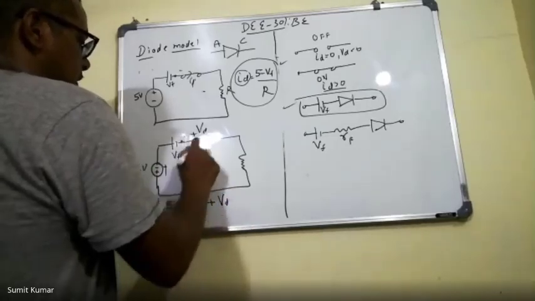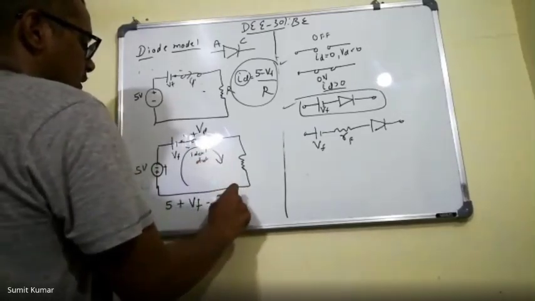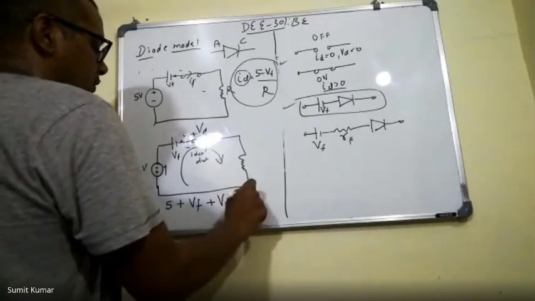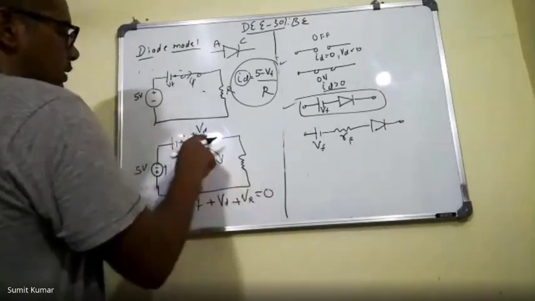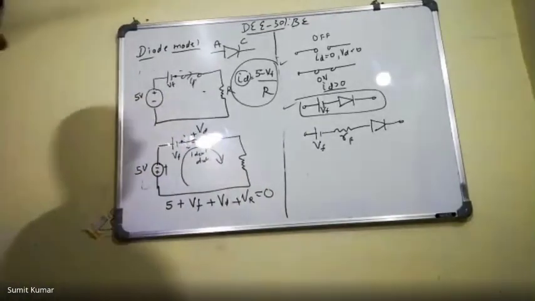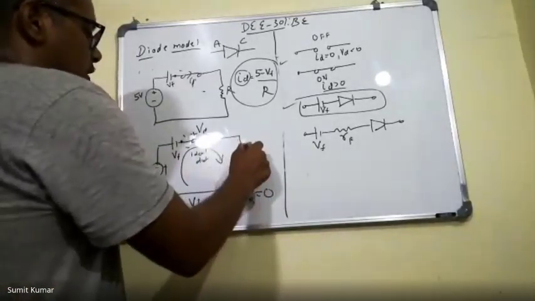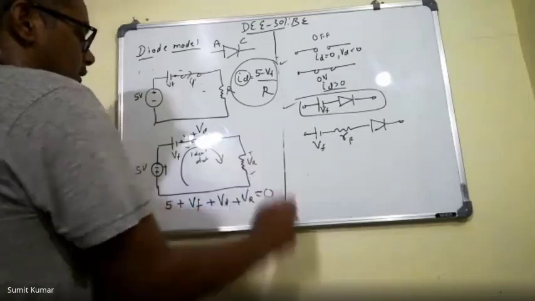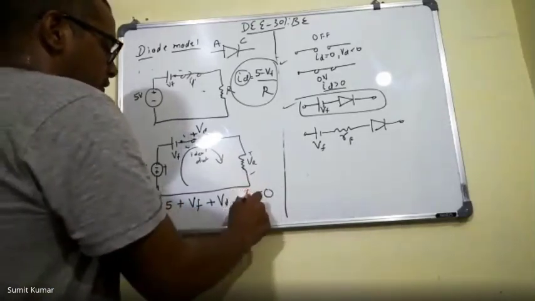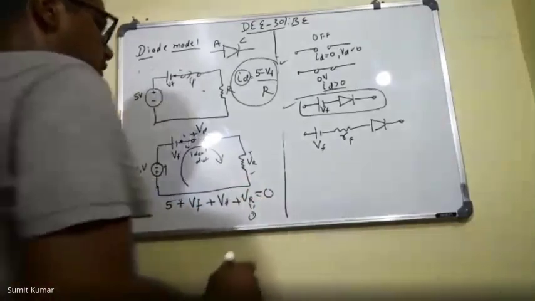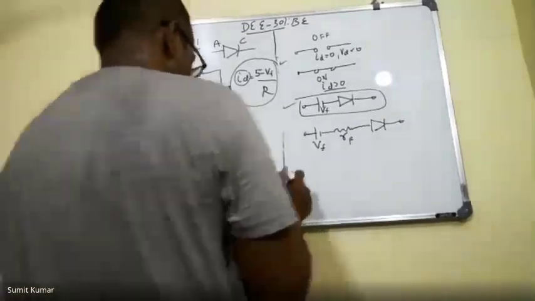Let us suppose the current is flowing in this direction, and this VR, even though, there is no current flowing, we know that this is open circuited. So as no current is flowing, there will be no drop across this resistor. So this VR will be 0, and we can solve this further.